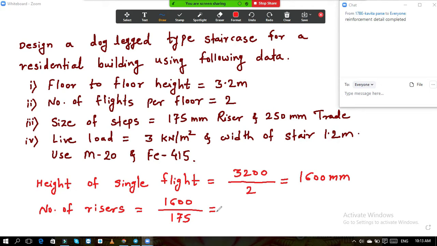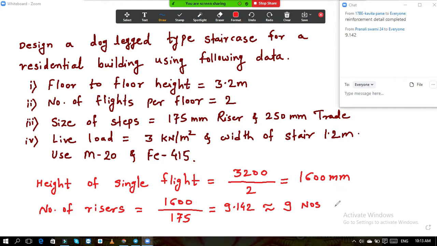Calculate this 1600 divided by 175 and put the value in the chat box. 9.14. Okay, it is 9.142. So we will approximately round it to 9. So 9 number of risers are there.